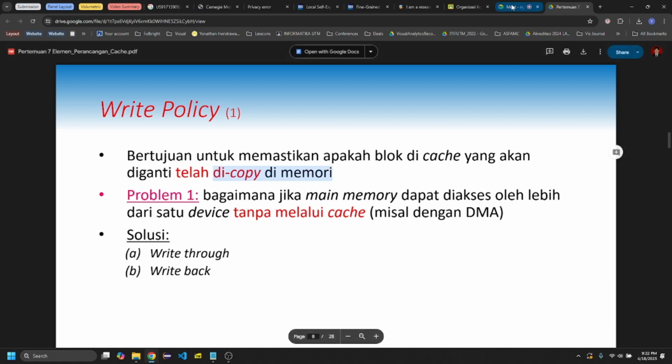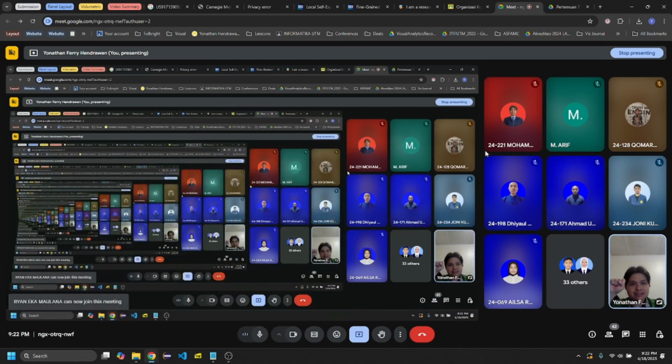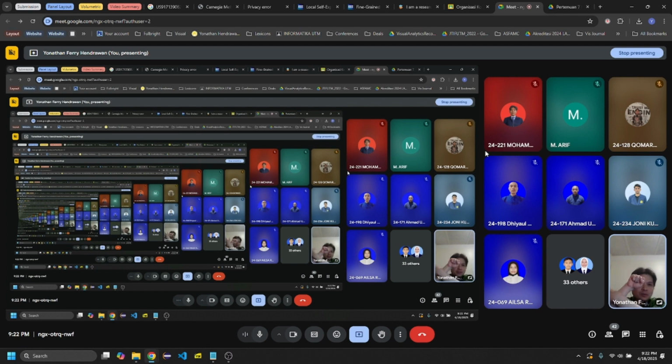So please remember, this is the cache, this is the CPU, and this is the memory. The cache values come from the memory, and whenever the CPU does some calculation and needs to update the value, it goes to the cache first.